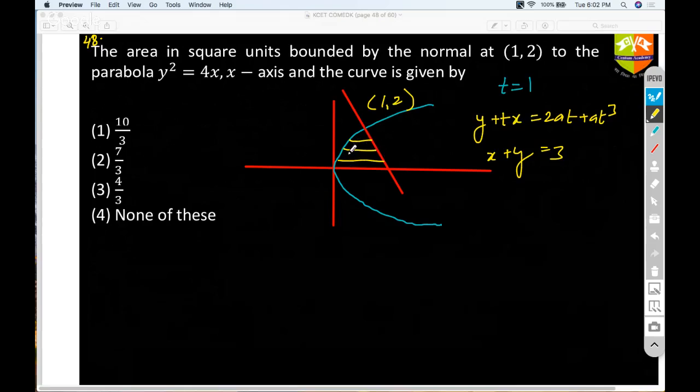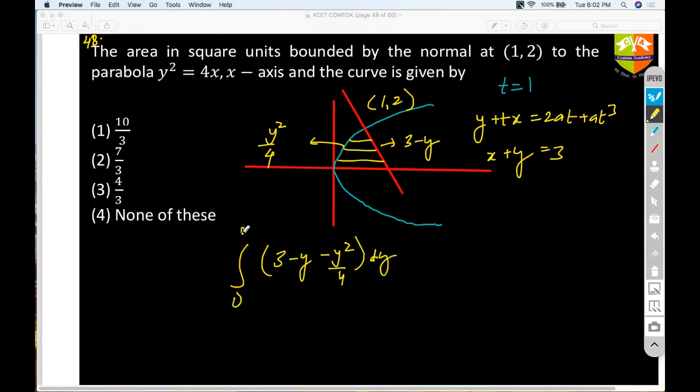So it's better to solve this problem by choosing horizontal strips. So x for this point will be 3 minus y. X for this point will be y square by 4. So the difference in their x would be this, and you just need to integrate this from 0 to 2.